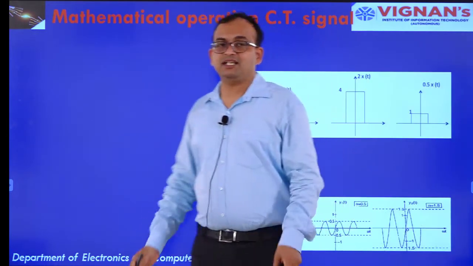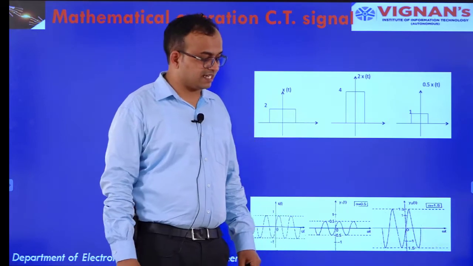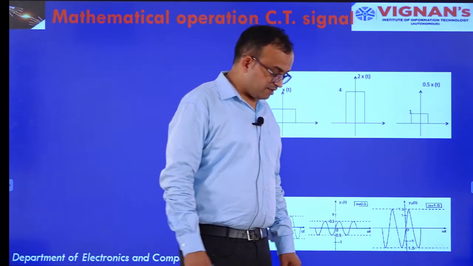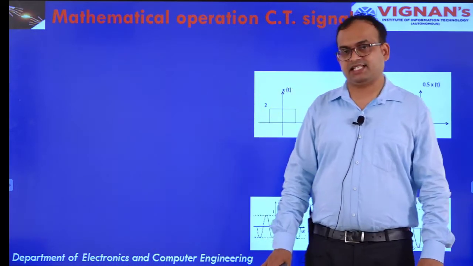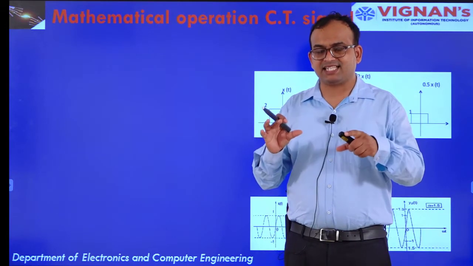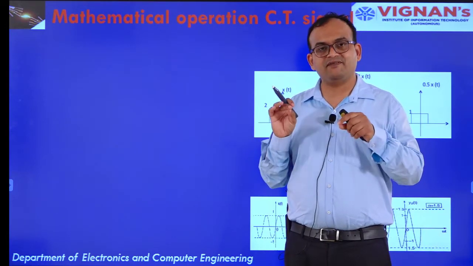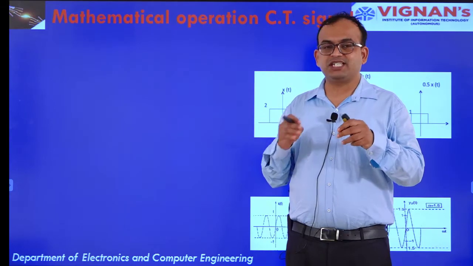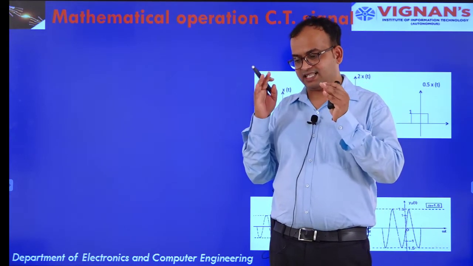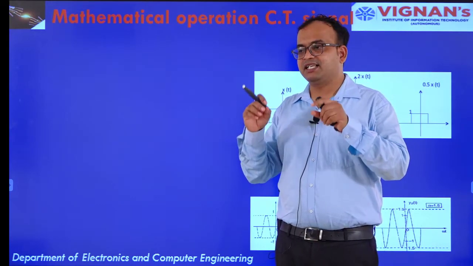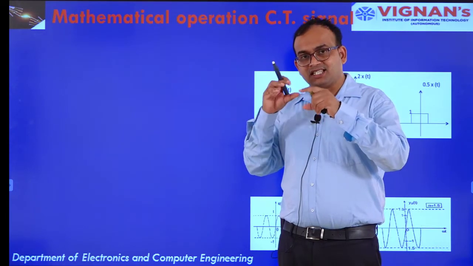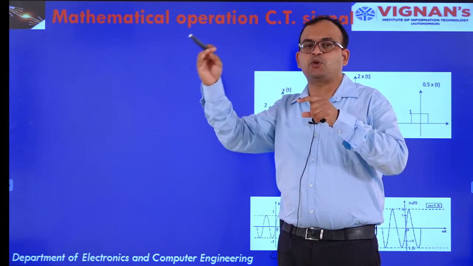Now coming to the mathematical operations of the signal. For mathematical operations, there are three basic things. Generally we can find plenty of mathematical operations, but by using these three basic things, we can do almost all the operations.